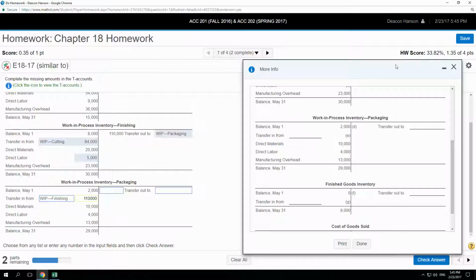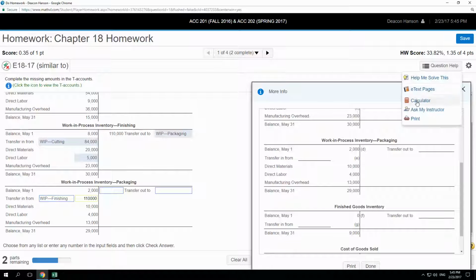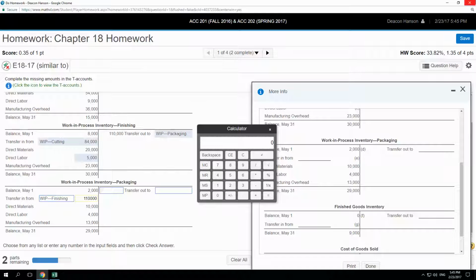Now the next one is kind of like the first one. We just need to add up these and subtract the ending balance, and we can come up with what this amount is. So we don't really have to make a big formula for it. We'll just go ahead and add up all the debits. So 2,000 plus 110,000 plus 10,000 plus 4,000 plus 13,000, and then I'm going to get that total, 139,000 minus 29,000, and that shows me how much was transferred out.